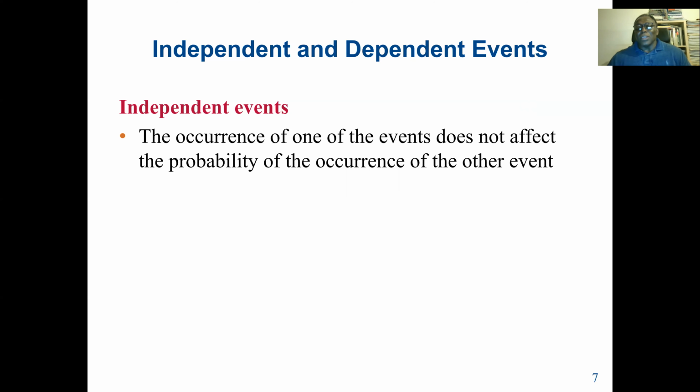So probability of B given A equals probability of B, or probability of A given B equals probability of A, because it's independent. The previous condition or occurrence of any other event does not have any effect on it.